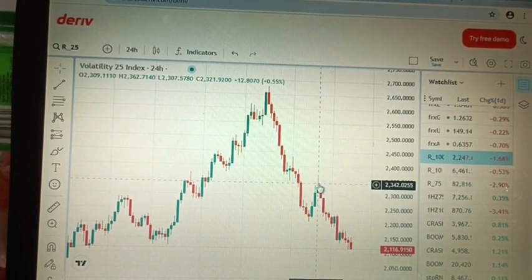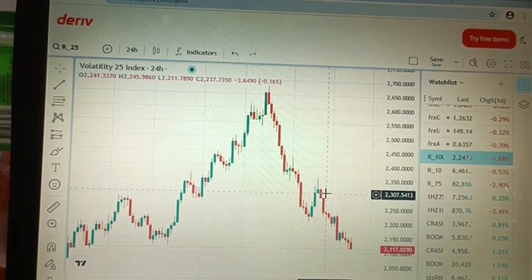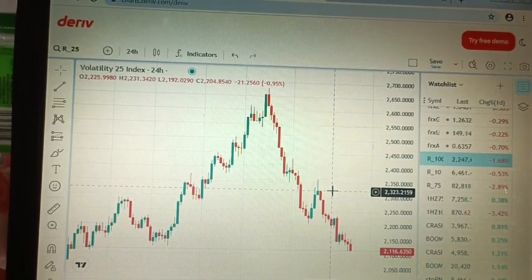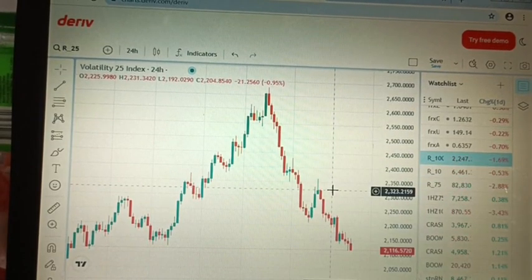Now, when you see a wick, it tells you something. First of all, what I want you to know is that the green candle represents the buyers, the red represents the sellers.